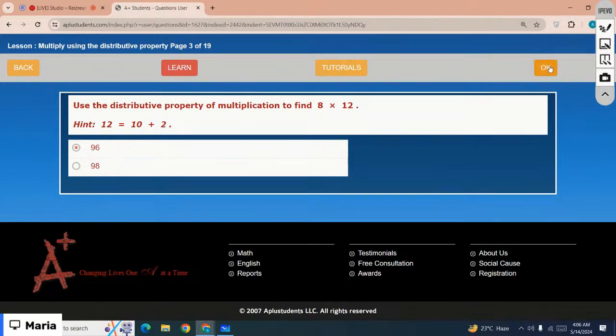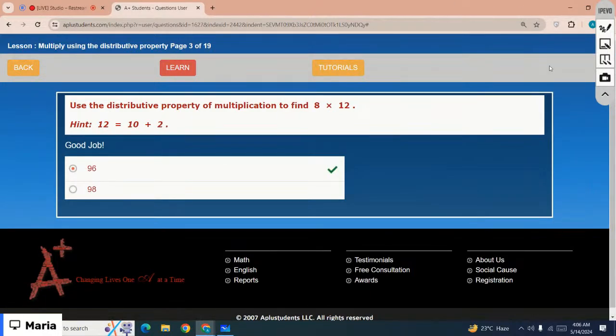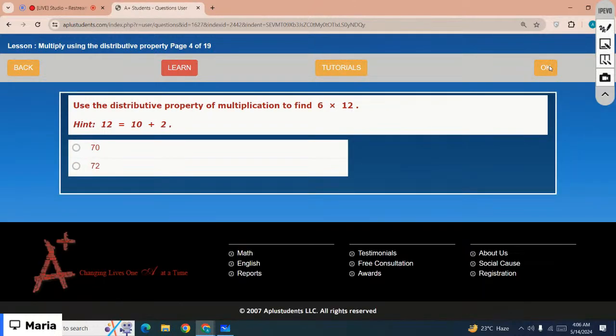The correct option is 96. I'm sure no one is using a notebook and pencil to do the practice questions.